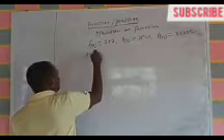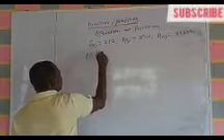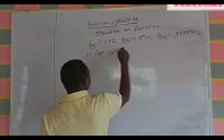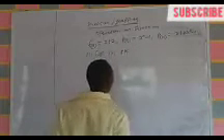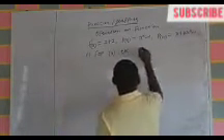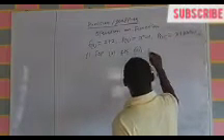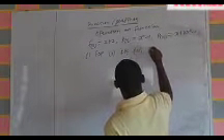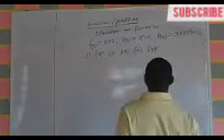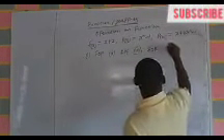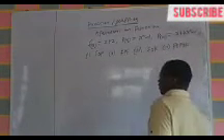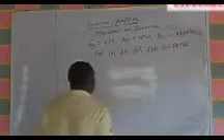Number one, we have f o p. Number two, we have k o f. Number three, we have f o k. And number four, we have f o p o k. So now we're solving them one after the other.